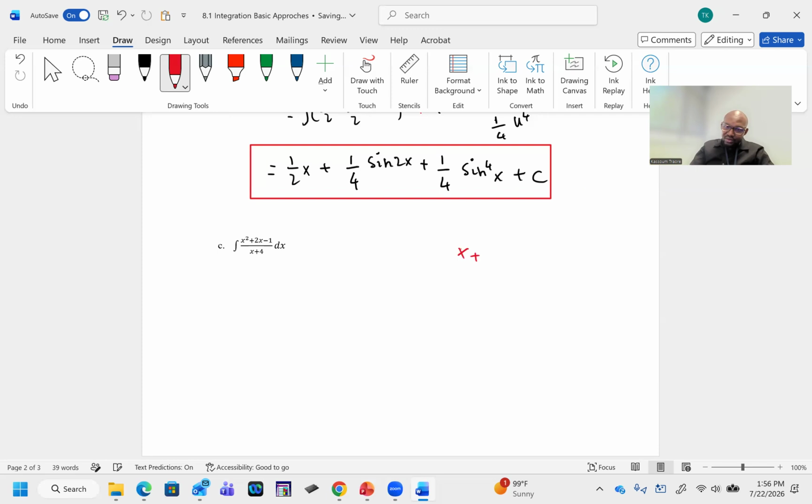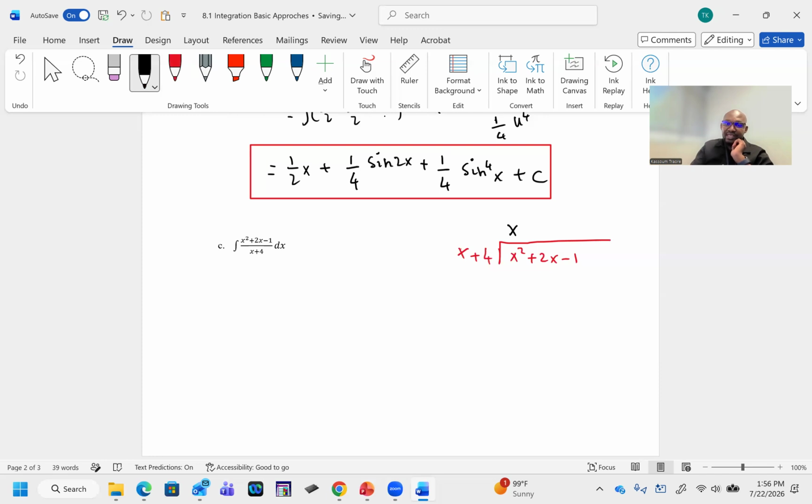X plus 4, which is the divisor, into x squared plus 2x minus 1. And then when you are doing long division, we look at the first degree, which is x squared, and on the divisor we have x. What do you need to multiply x to get x squared? That is x, right? So we multiply by x.